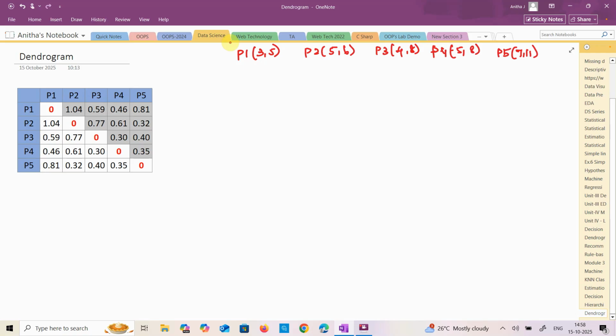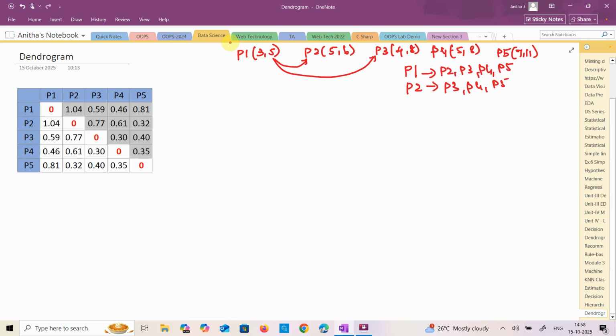For that you have to construct a dendrogram. What we have to do is first calculate the distance between every data point. So we need to calculate the distance from P1 to P2, P3, P4 and P5. Then for P2 you have to calculate P3, P4 and P5, because we already calculated P2 to P1.